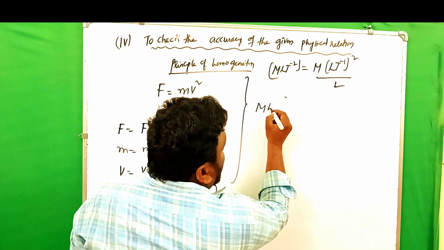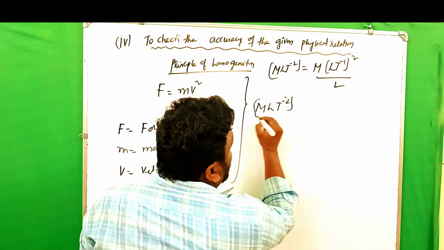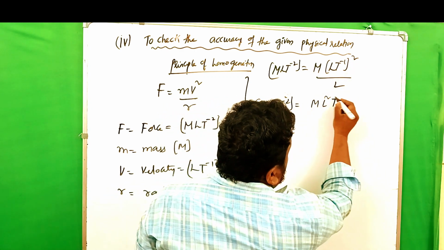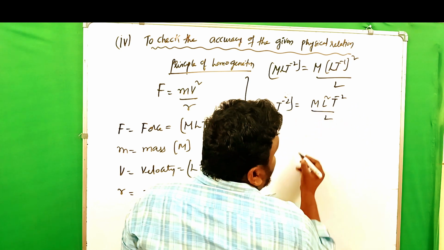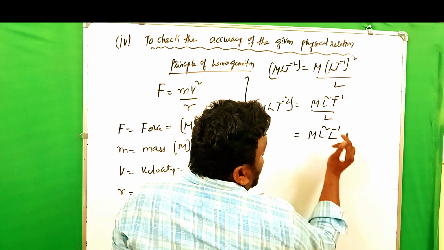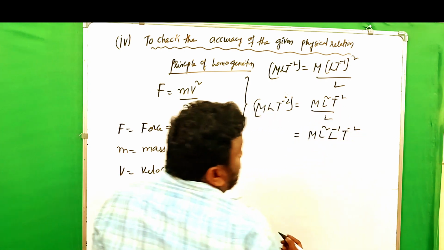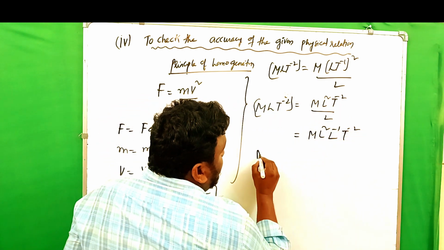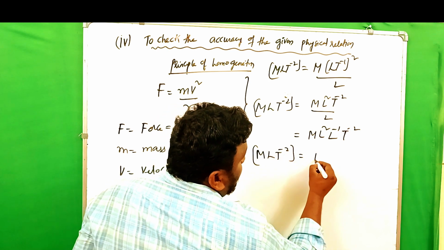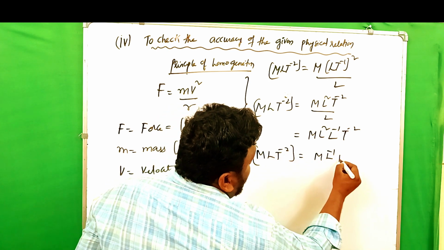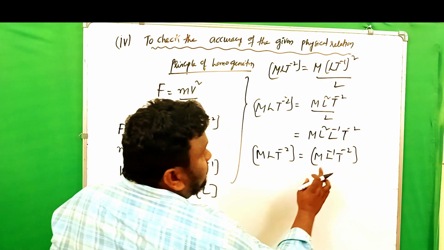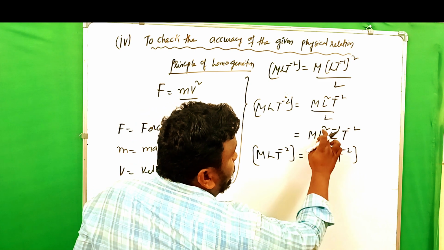M L T inverse 2 is equal to here M L square T to the power of minus 2 by L. Then what you get here? M L square L to the power of minus 1 and T to the power of minus 2. Then what you get here? M L T inverse 2 is equal to here now M L inverse 1 and T inverse 2. So we are getting 2 minus 1 plus 1.